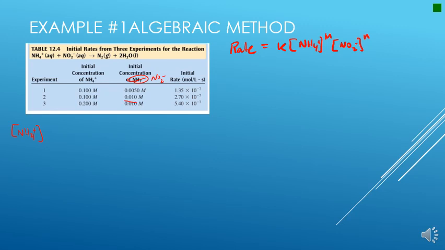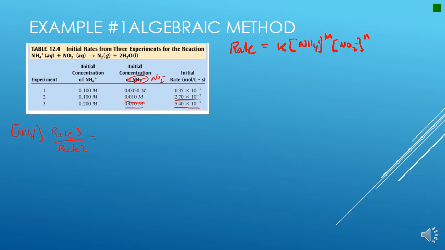So if you notice, I have 0.010 molar for the concentrations of NO2 minus for these two trials. So I'm going to choose trials 2 and 3. You'll notice here that the 5.4 times 10 to the minus 7th is greater than 2.7 times 10 to the minus 7th. So I'm going to start by placing rate 3 over the rate 2.